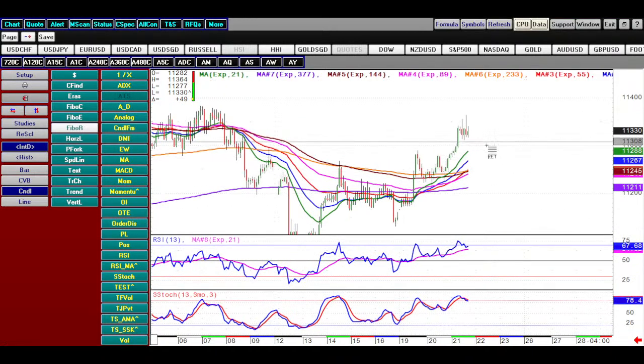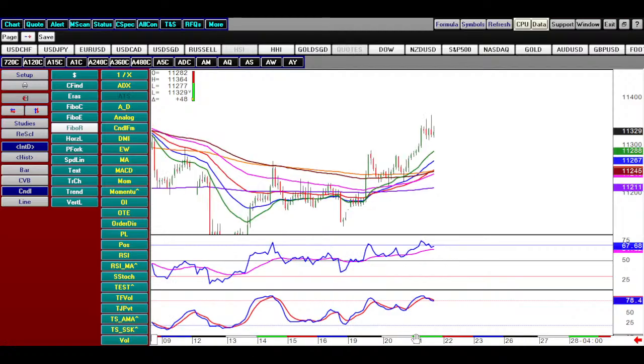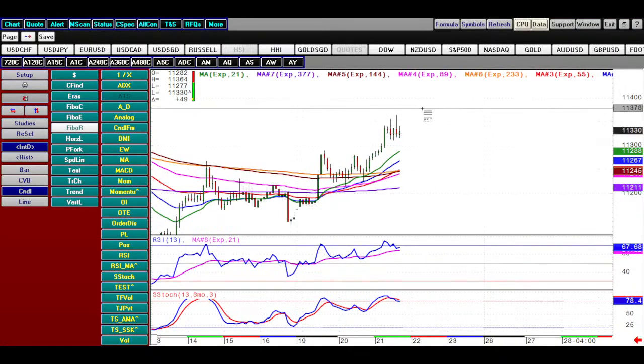Okay, but the problem is right now this market is in a congestion on the 6 hours. So we need to see a clear break of 11310 and 11290. Then we can confirm that the high is seen.